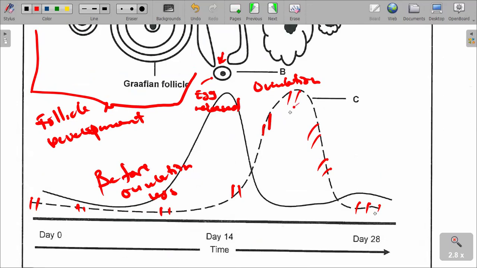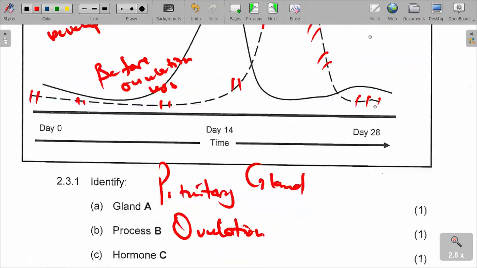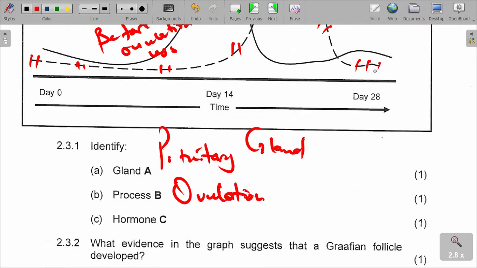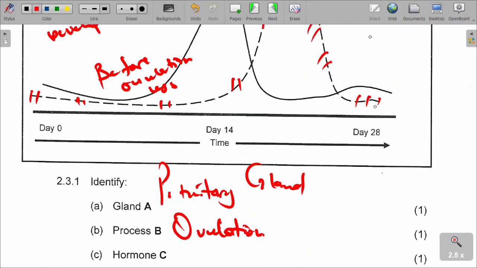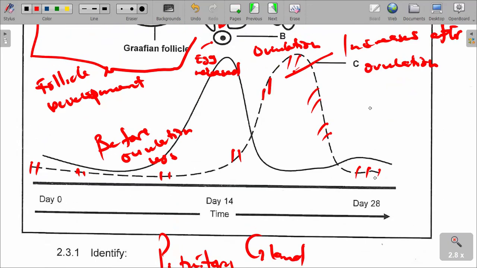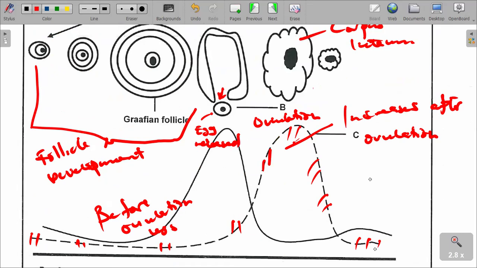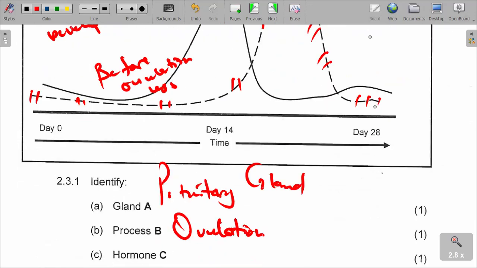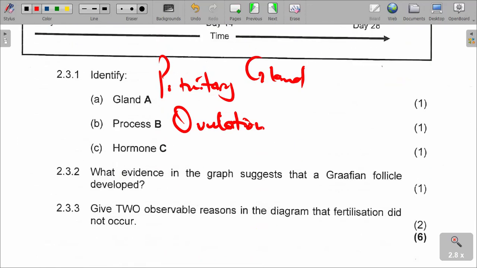Hormone C increases after ovulation. So which hormone is C? It must be a hormone that is lower when the follicles are developing, and then after ovulation it increases. So we are saying that it must be progesterone.